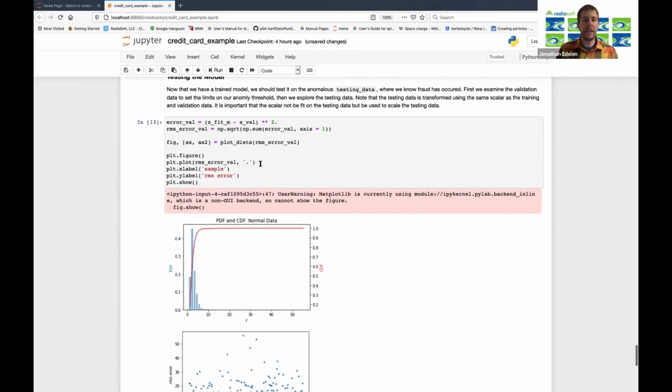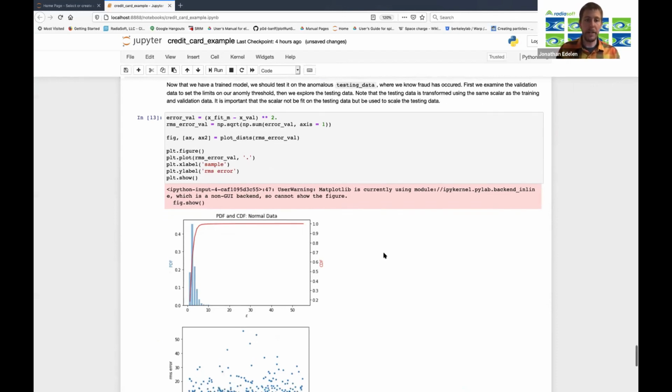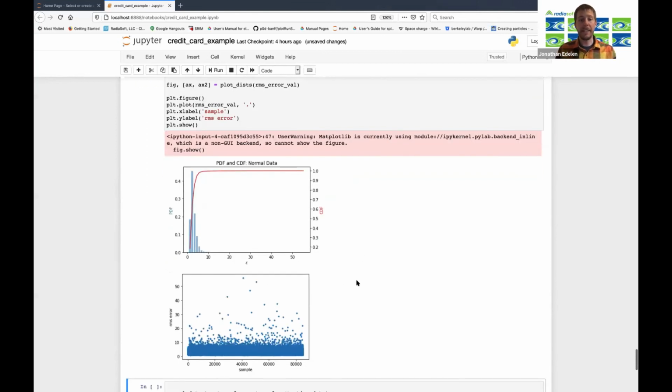So this is the PDF view, or density function view, of the error on the training data, or the validation data in this case, but it's from the data set that was used for training. And this gives you an idea of what the max threshold would be. If we want to flag something as anomalous, what's the largest value we need to flag to get all of the reference data to be not anomalous? In this case, it's like 55 or so.